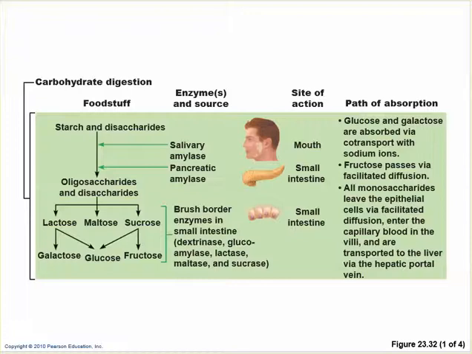Others get turned into glycogen and stored, etc. So the brush border enzymes break lactose, maltose, and sucrose into galactose, glucose, and fructose, by whatever means they need. I don't really care about the paths of absorption with each of the different ones.